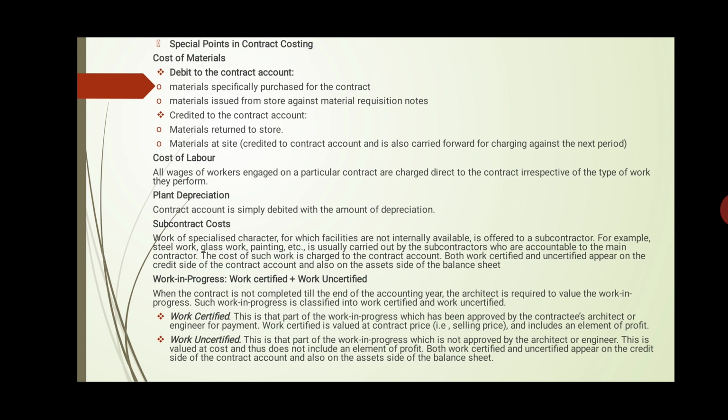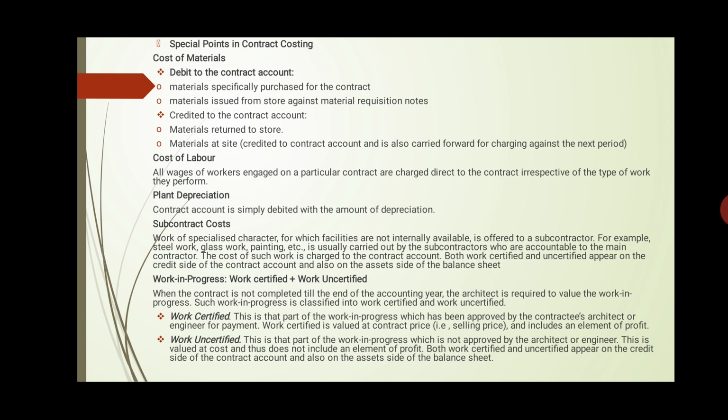What he will do is appoint an architect to verify whether 40% of the work has been done by the contractor as said or not. If that 40% of the work is approved by the contractee's architect, then it is known as 40% work certified.